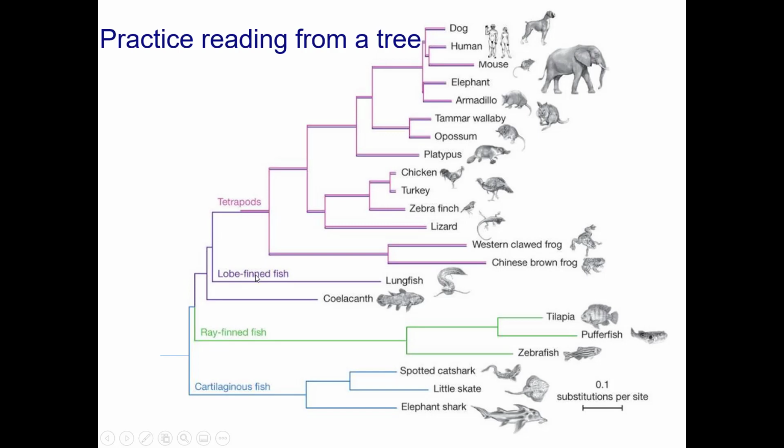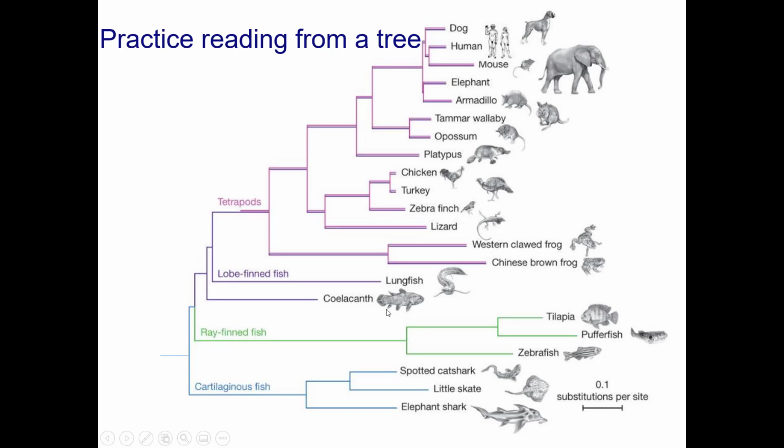And some of the clade names are listed here, like the cartilaginous fish, which all have a derived trait of a cartilage skeleton, the ray-finned fish, the lobe-finned fish, and then the tetrapods. So tetrapods have 4 legs as the derived trait. So there's a couple of clade names or indications of some of the derived traits.